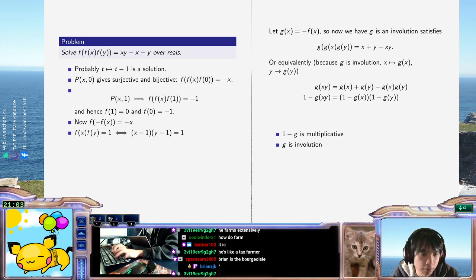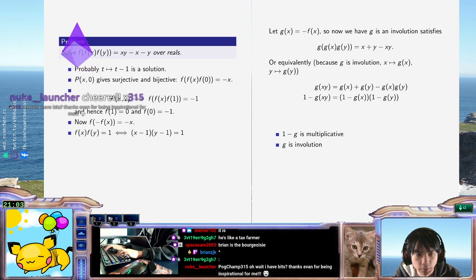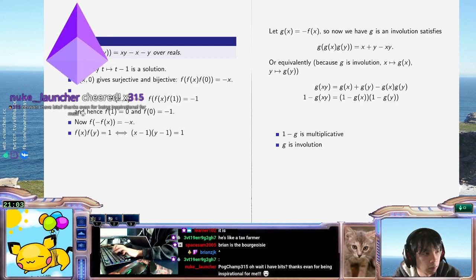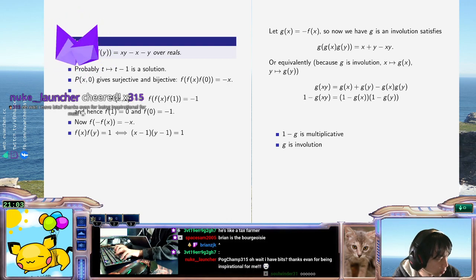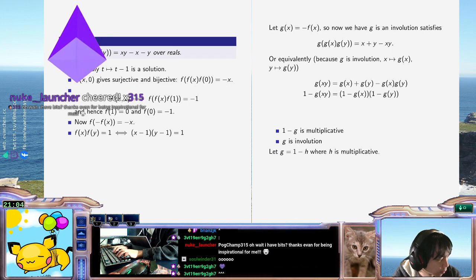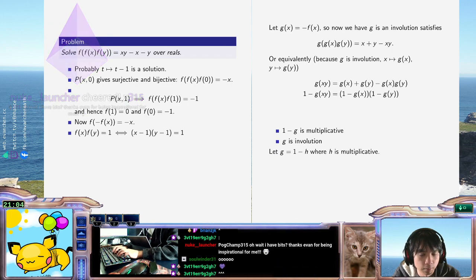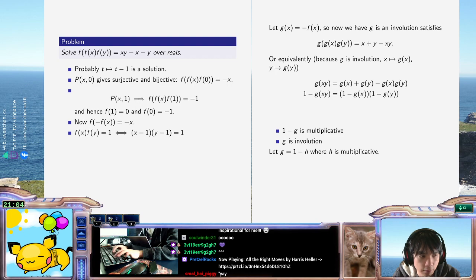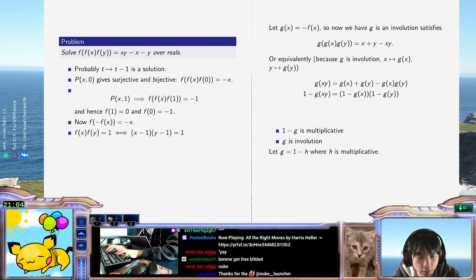Like, let's let g equal 1 minus h, where h is multiplicative. So then what does it mean that g is an involution? It's like 1 minus h, 1 minus h, x.